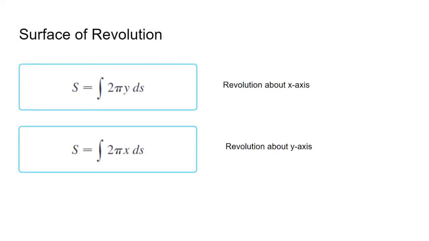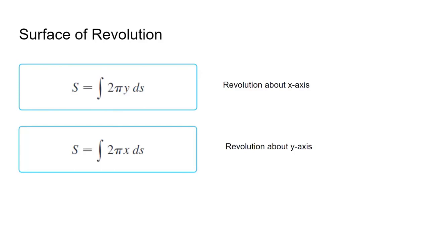First, we could have revolution about the x-axis, in which case we would use this formula. But we may be revolving about the x-axis, and the function we are revolving is x equals a function of y, and that would affect the ds.